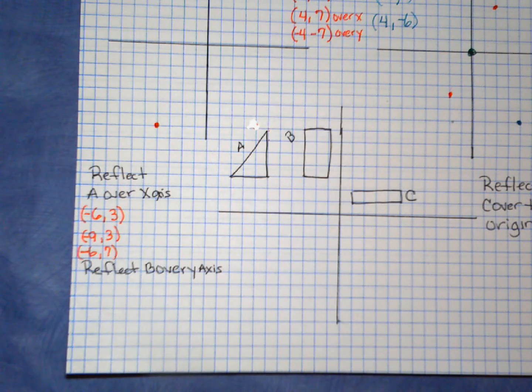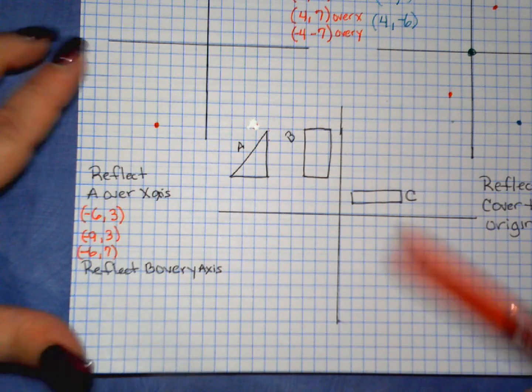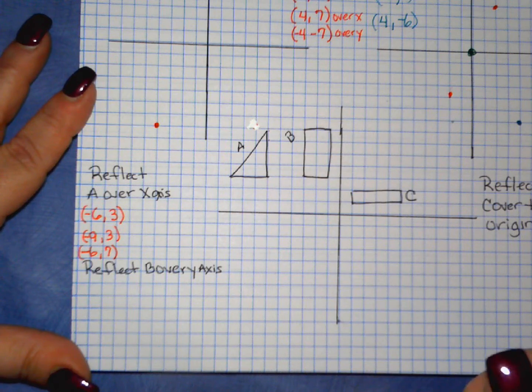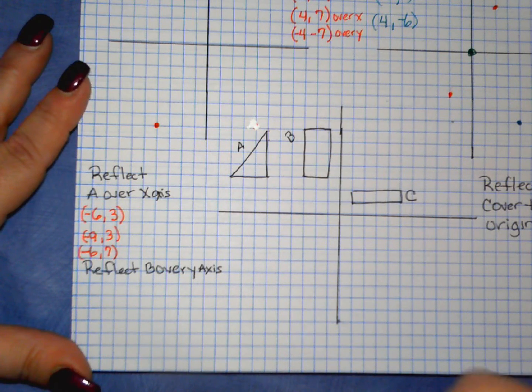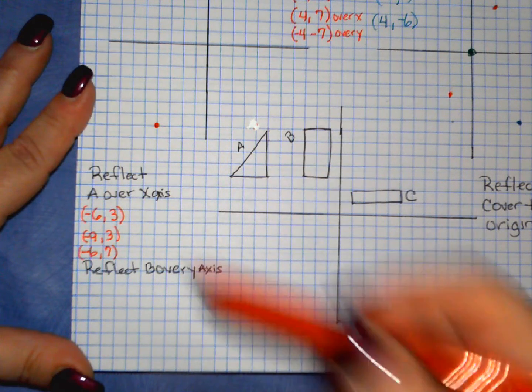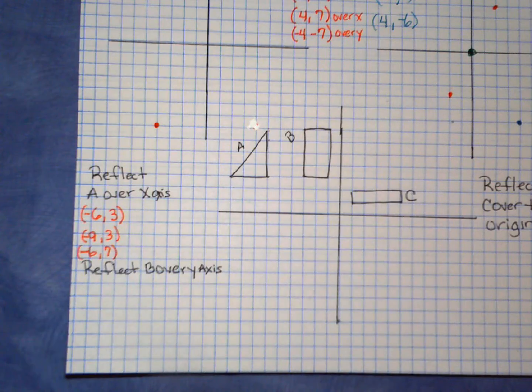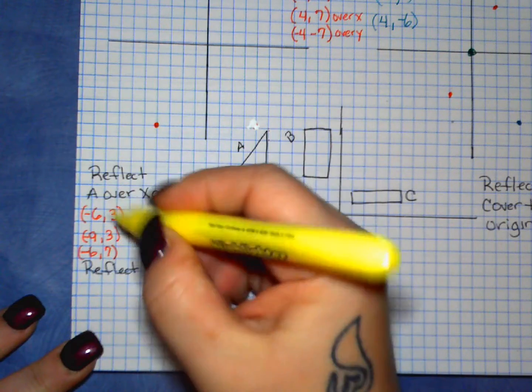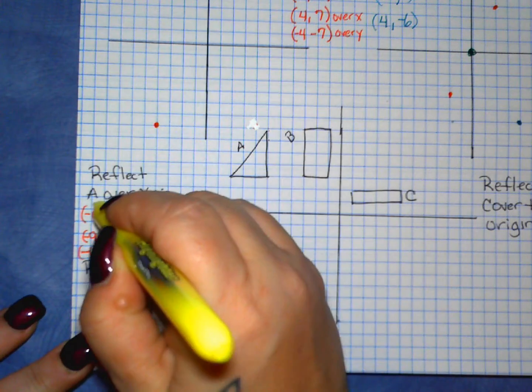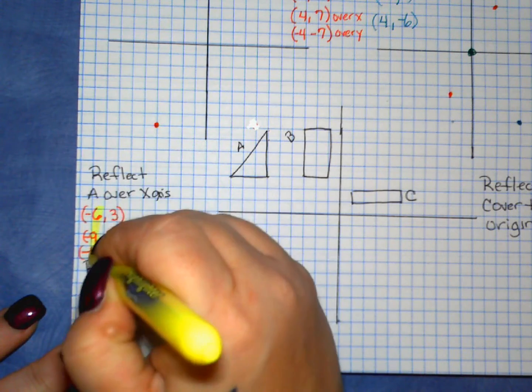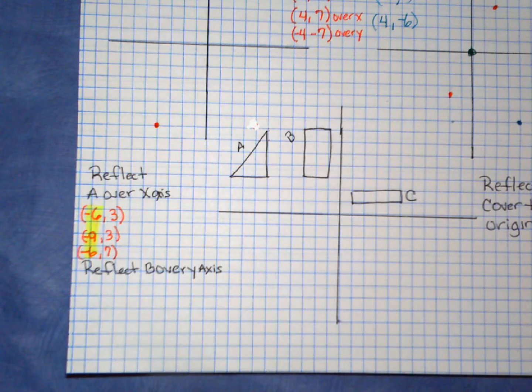Okay, so remember we said we were going to reflect over the x-axis. If we reflect this over the x-axis, none of my x numbers are going to change. So I know that all of these are going to stay the same.